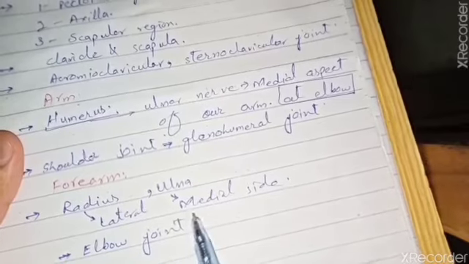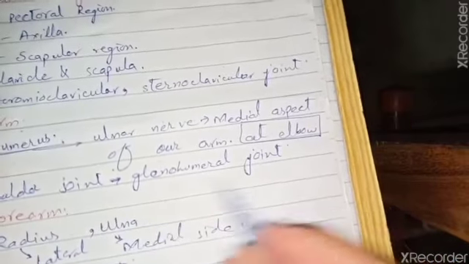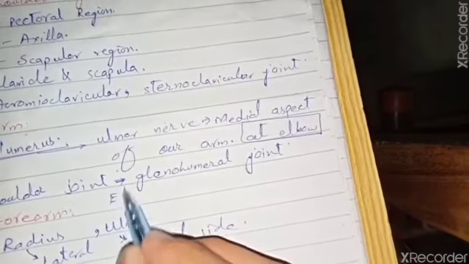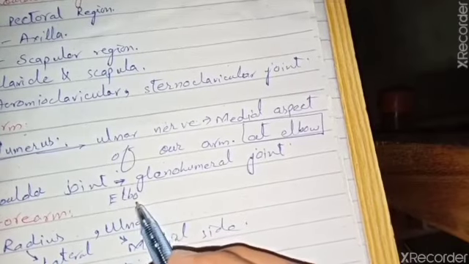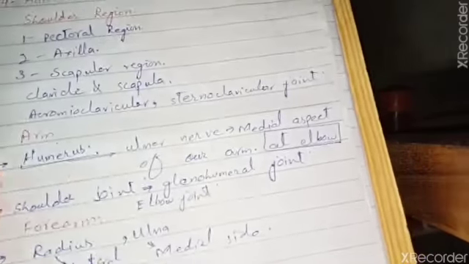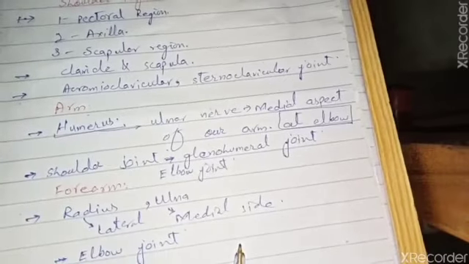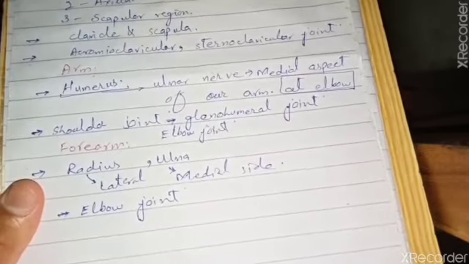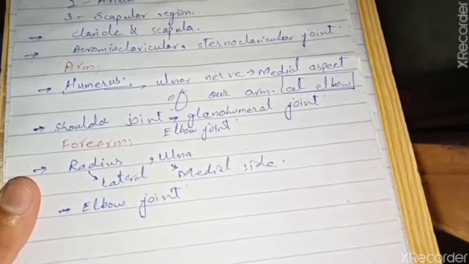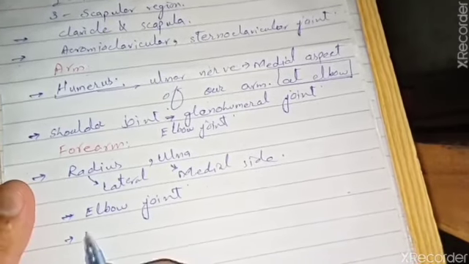I missed one thing in the humerus or arm, that is the elbow joint, which is also contributed to by the distal portion of the humerus. Similarly, the proximal portions of the radius and ulna contribute to the formation of the elbow joint. After the elbow joint, there is the radioulnar joint.